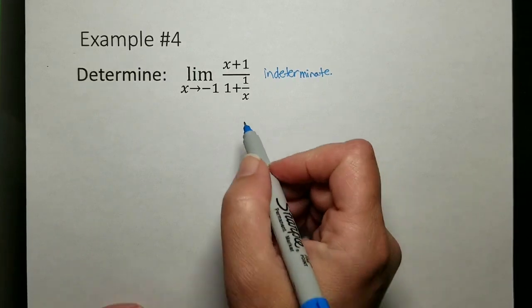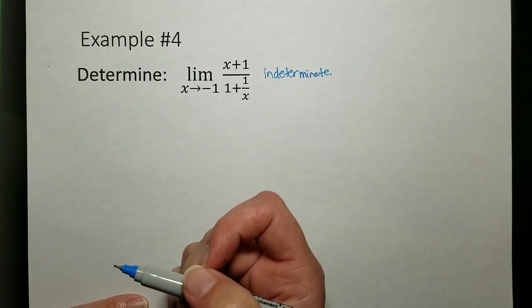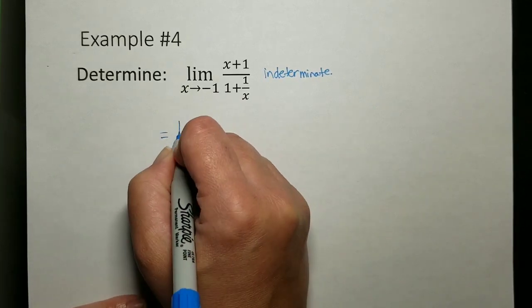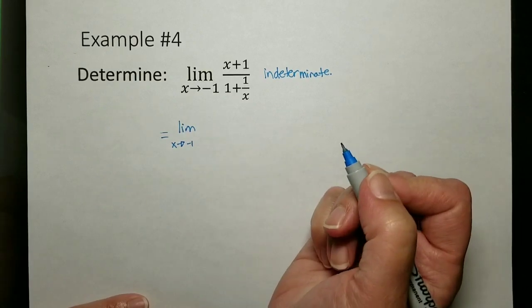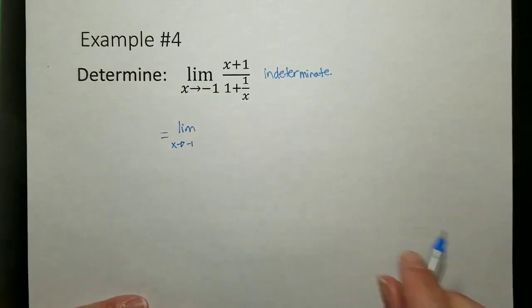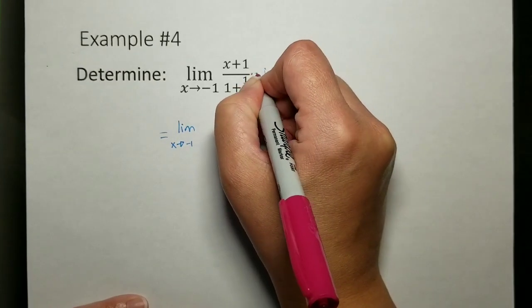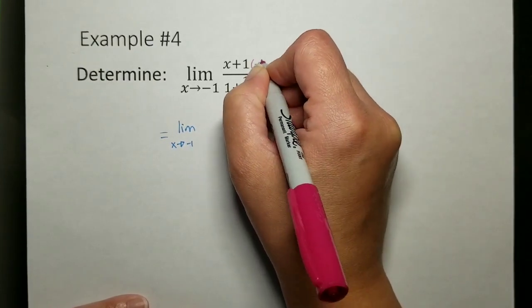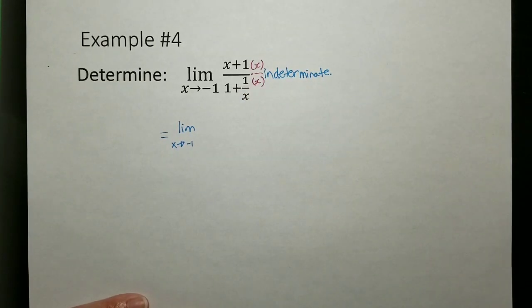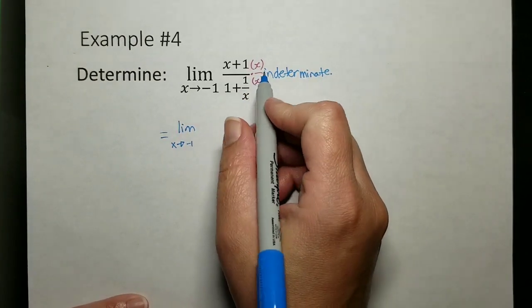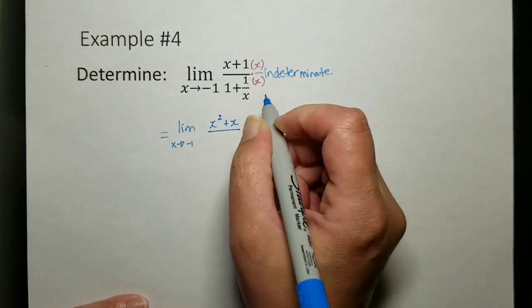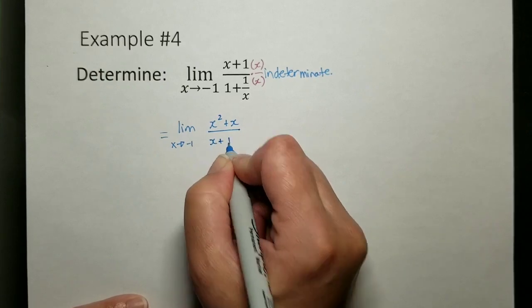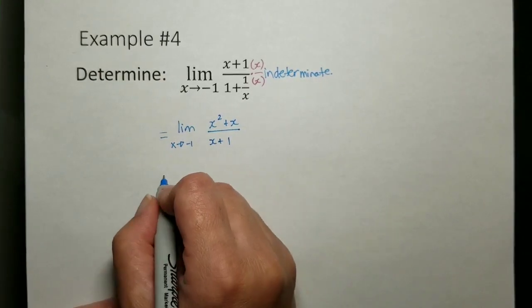But this one, I really don't like that fraction within a fraction. So I'm going to try to clear that out. There are different ways people could approach this, but I'm just going to multiply the top and bottom of this by x over x. So I would get x squared plus x over x plus 1. And now I can factor.